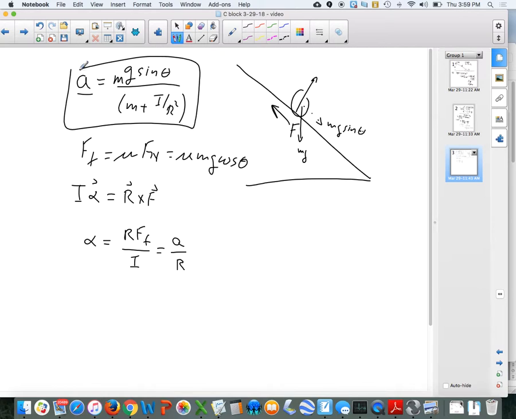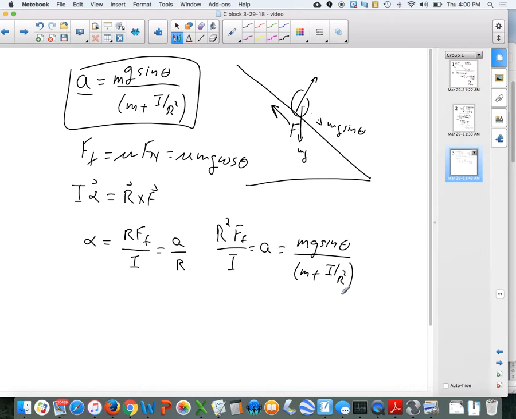So I'm going to rewrite this slightly as R squared force of friction divided by I is equal to A, which is equal to mg sine theta over m plus I over r squared.